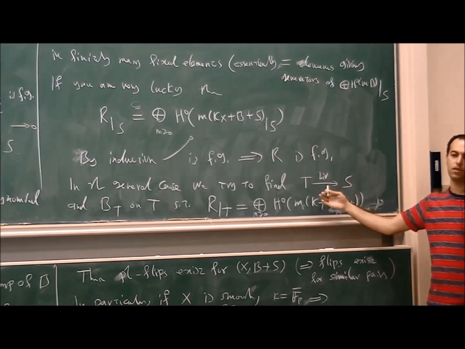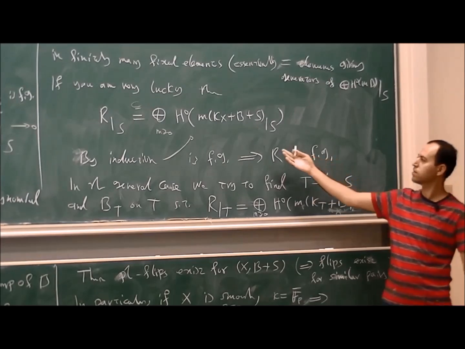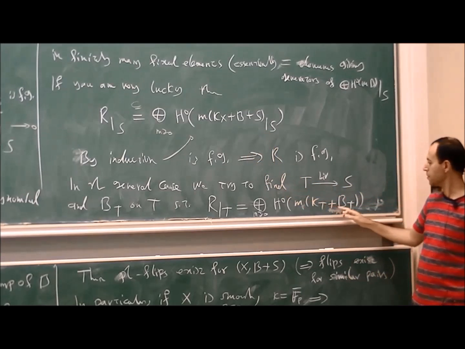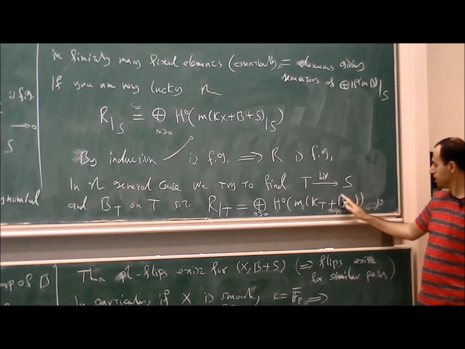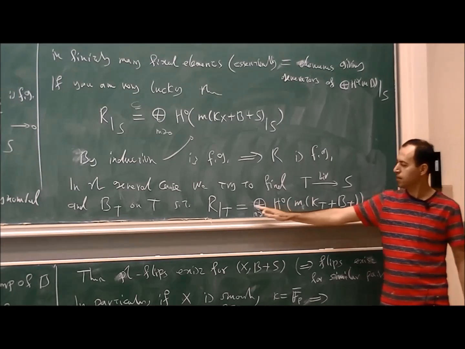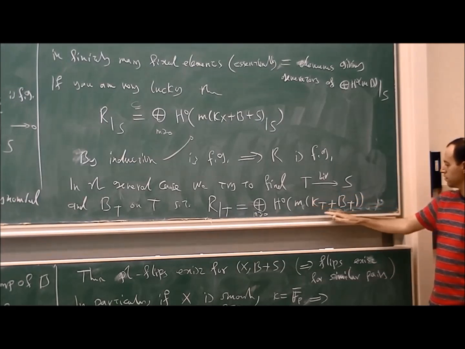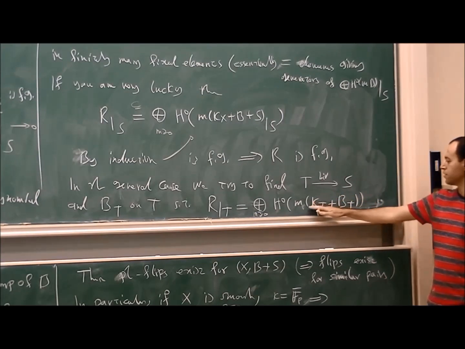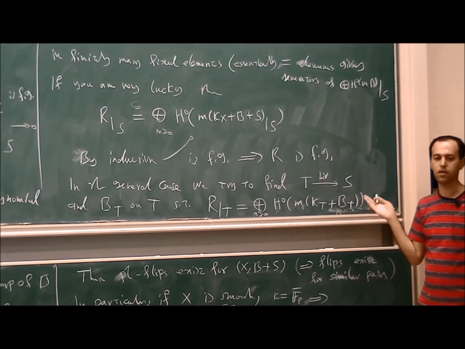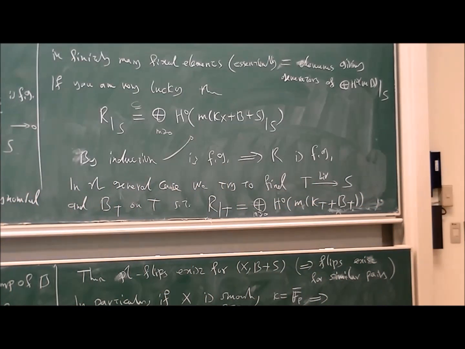So these are really the major contributions of Shokurov. You realize that you don't have this equality usually. But if you go to some appropriate birational model, you will hopefully be able to find some divisor, some boundary, so that the algebra restricted to this T is given exactly by the sections of the divisor. Even though this is not on S, it still has dimension at least one less, and therefore you can apply induction.